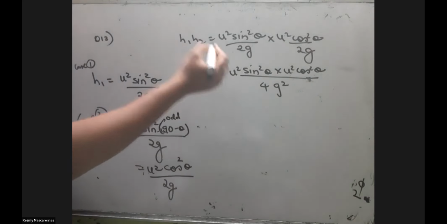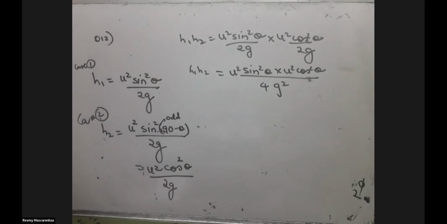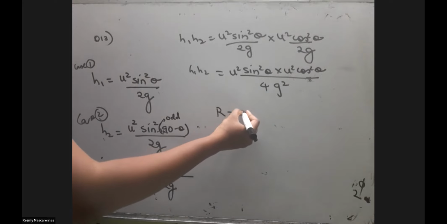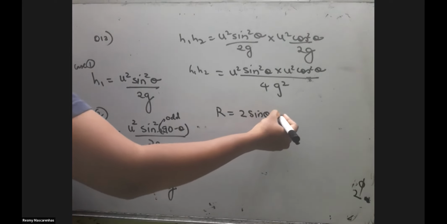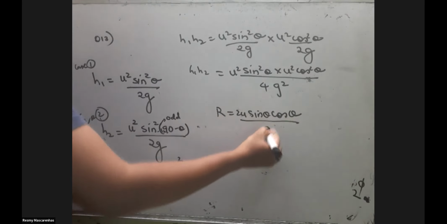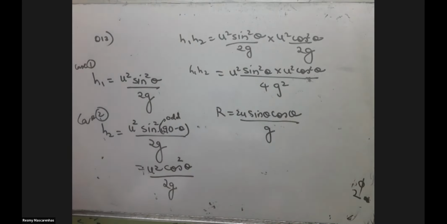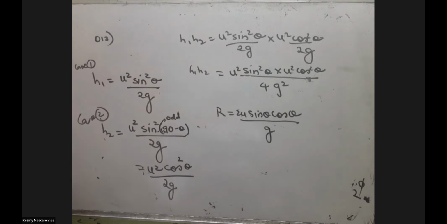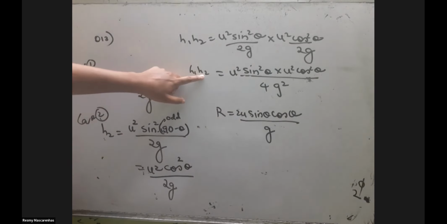Okay, H1 H2. Now we have to find the range. What is the range formula? Range, we know, is 2u sine theta cos theta upon g. This is the formula for range. Now we'll try to arrange this in terms of range because range has been asked in terms of H1 and H2.